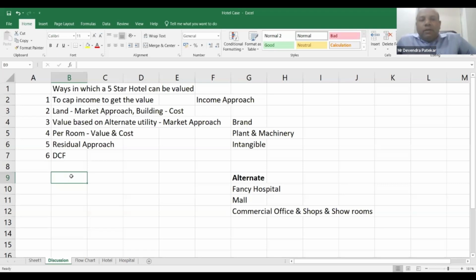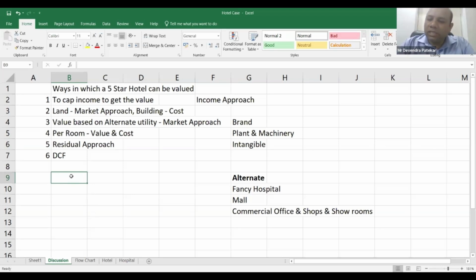What it says is that the residual approach in income statements is purely based on your historical profit and loss statement.